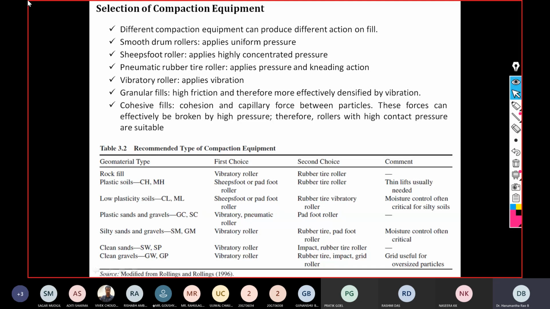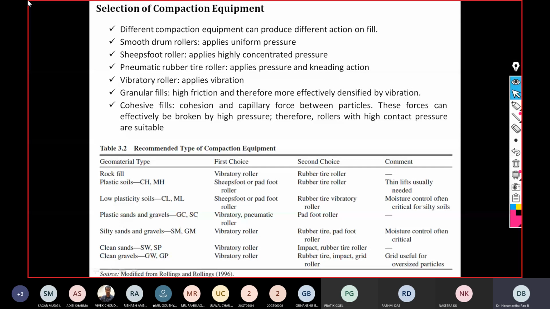See, here plastic sands doesn't mean those are really plastic sands. It indicates that it is a gravel or sandy type of soil, but those soils also comprise some amount of clays, or it is only clays or silts. So here, the first choice could be vibratory or pneumatic rollers, and the second choice should be a pad foot roller.